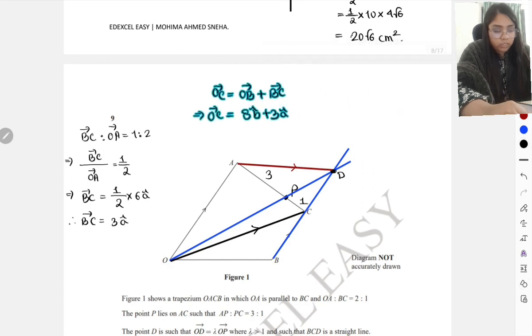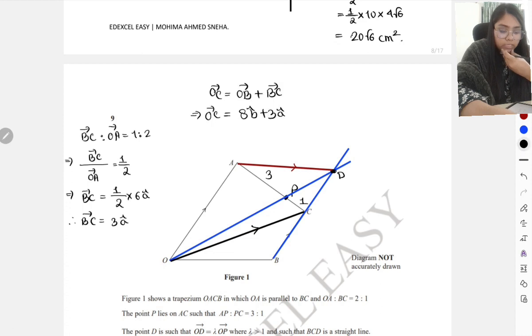So I'll just shift it over here and write it like this. In order to find AC, it's actually OA and AC in the same direction and OC in the opposite direction. So you have OA plus AC is equal to OC, which means that AC is going to be OC minus OA, right?